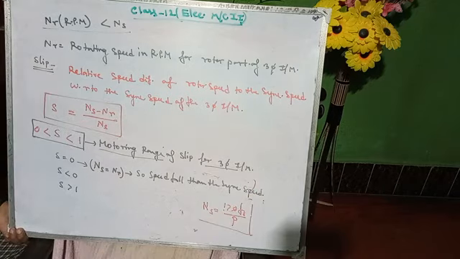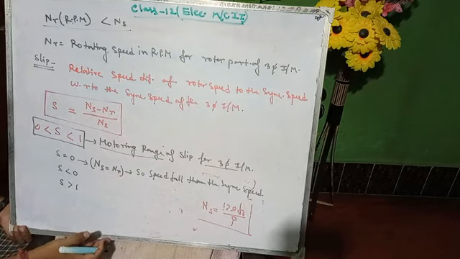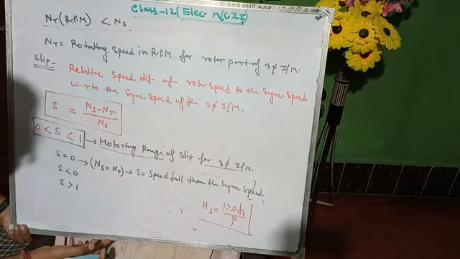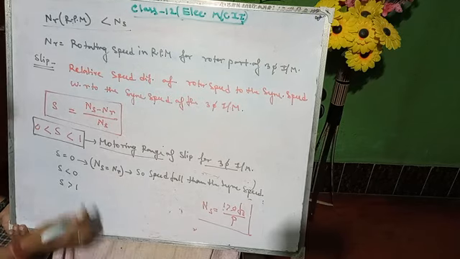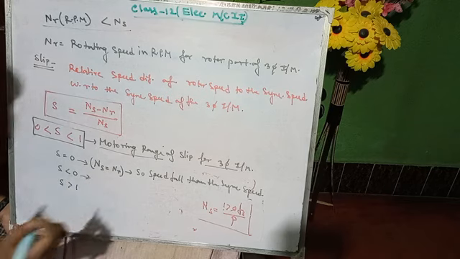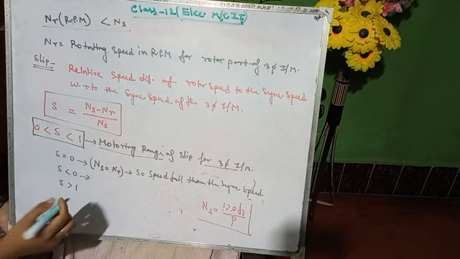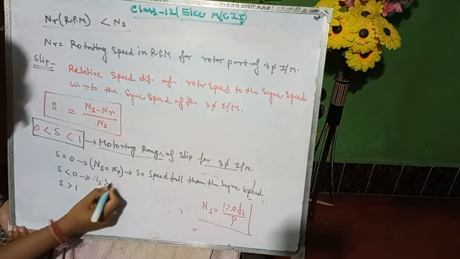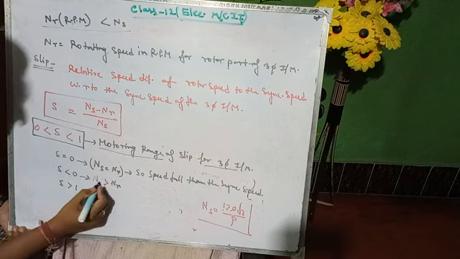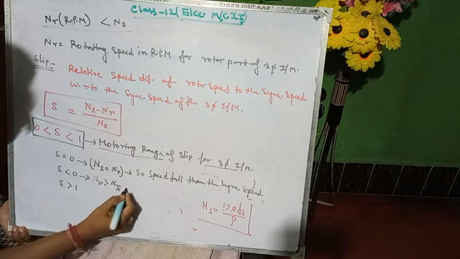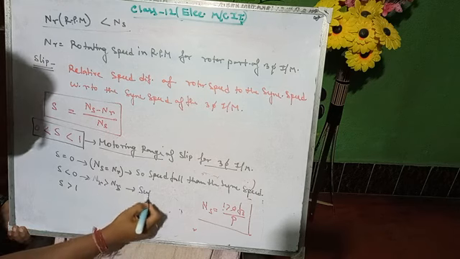This is called Ns equals Nr. S less than 0 means Ns is greater than Nr. Sorry, Nr is greater than Ns, which is called super synchronous speed.